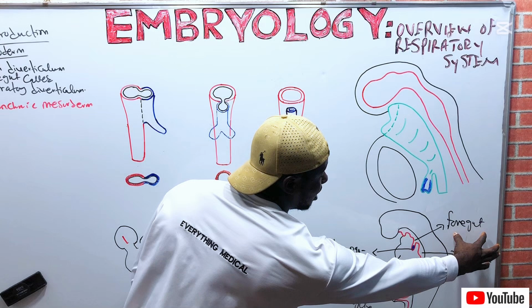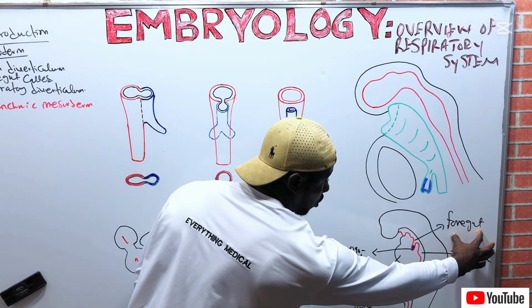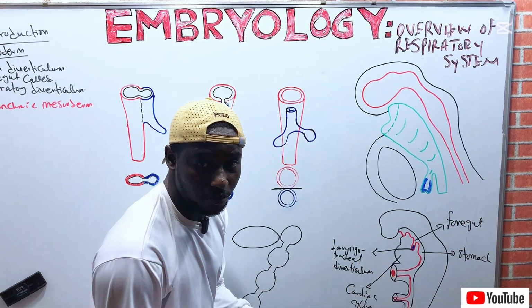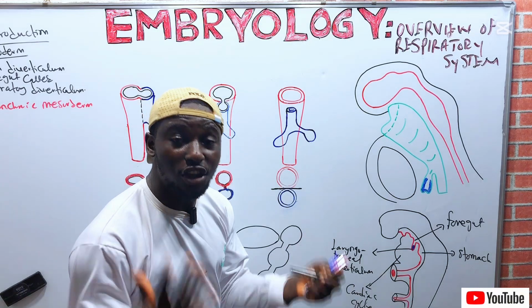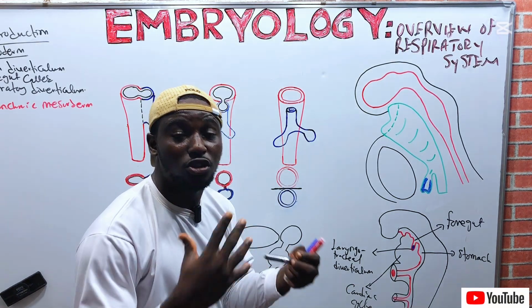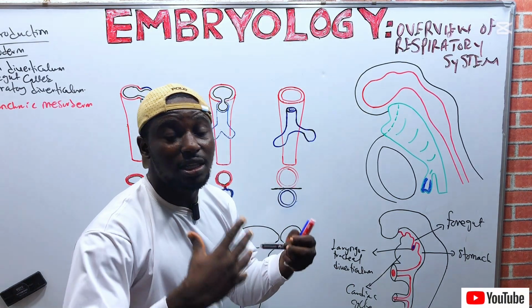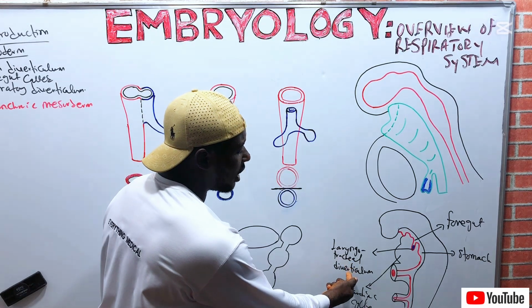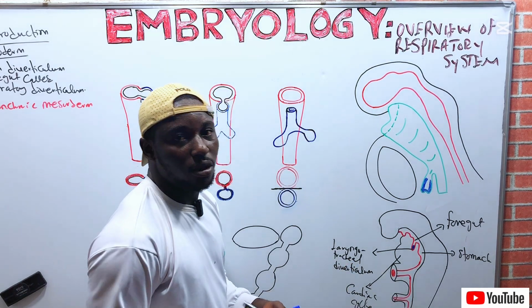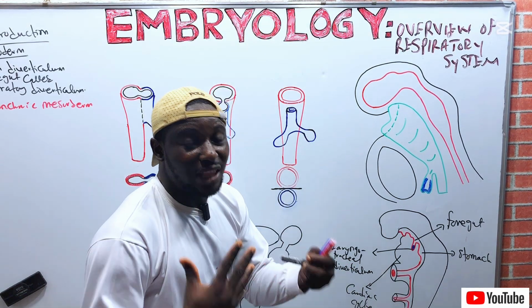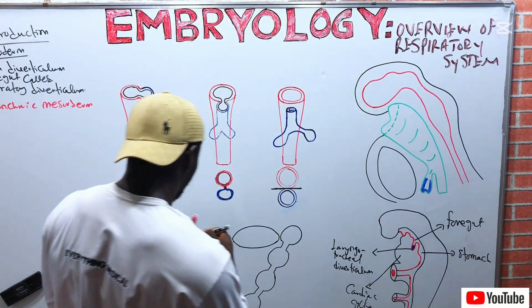You can see that this is the foregut, where everything evolved from, because the origin of the development of the structures of the respiratory system is the laryngotrachea diverticulum, or respiratory diverticulum, right?